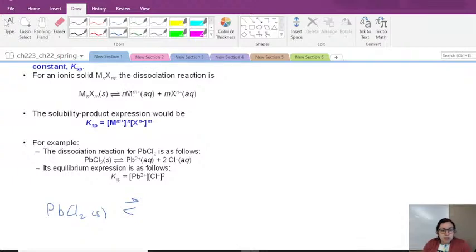And now notice our little subscripts become our coefficients. All that is saying is how many equivalents of each one of these we produce in solution. Looking at our formula, it dissociates to make lead, and we just have one equivalent of lead, and then of course the charge on there. That's all that is, and n is just one in this case.